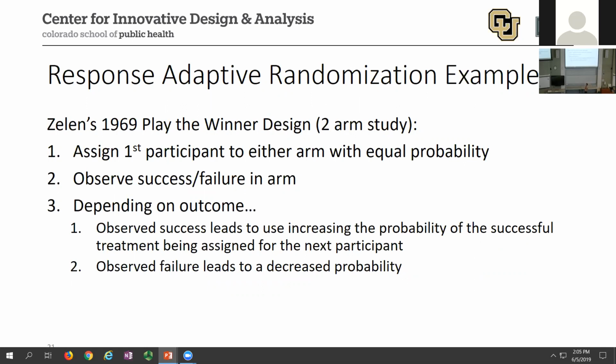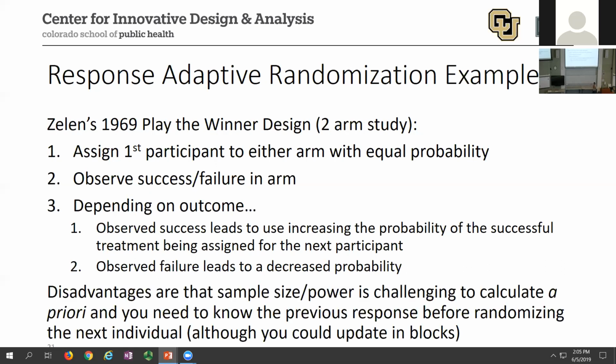And so we might try and increase the randomization chance in the next person. The other opportunity is that we might observe that they didn't show the benefit in that arm, and so we say, oh, well, maybe the other arm will hopefully show benefit, and we should increase the chance in the next stage that that person will be randomized to that arm. And we can do this for each person who enrolls in the trial after we observe their outcome.